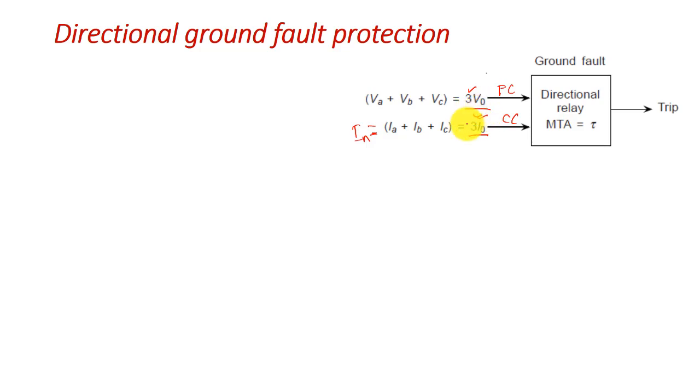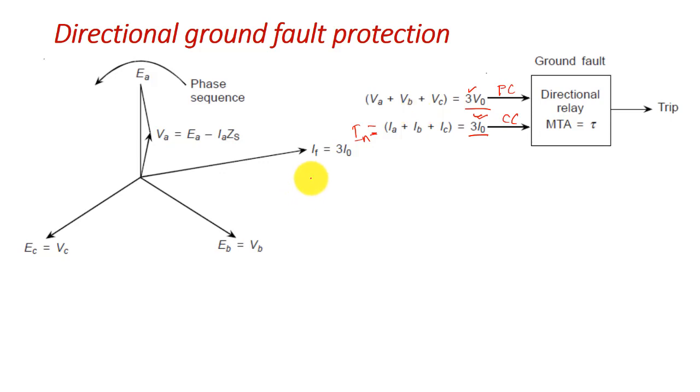After detecting the zero sequence current, very easily we can say the fault is there. And V0, how will we find? Just by adding these three voltages, VA plus VB plus VC. So we are feeding 3V0 and 3I0 both to the directional relay.